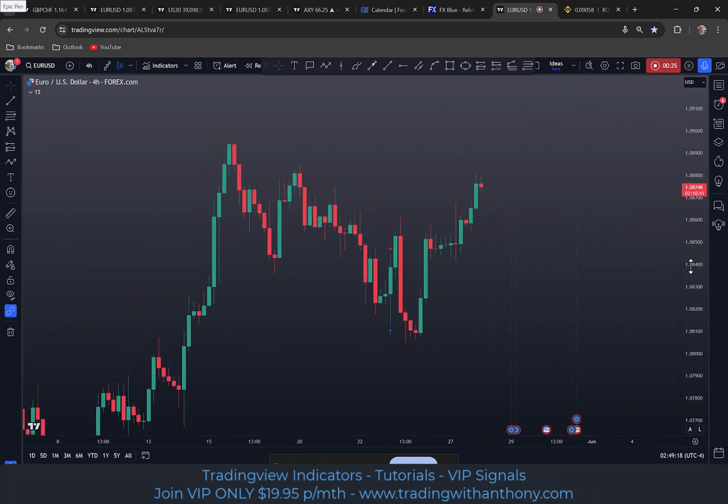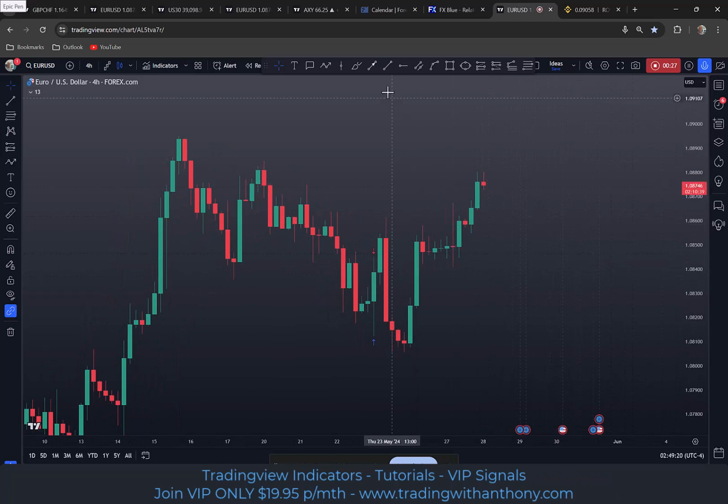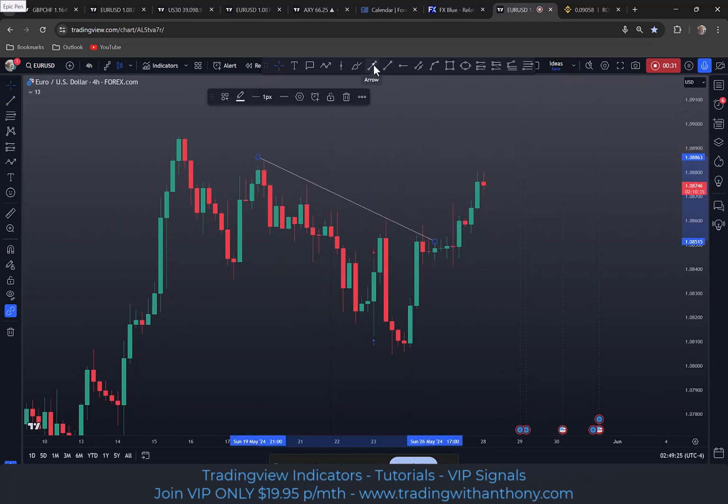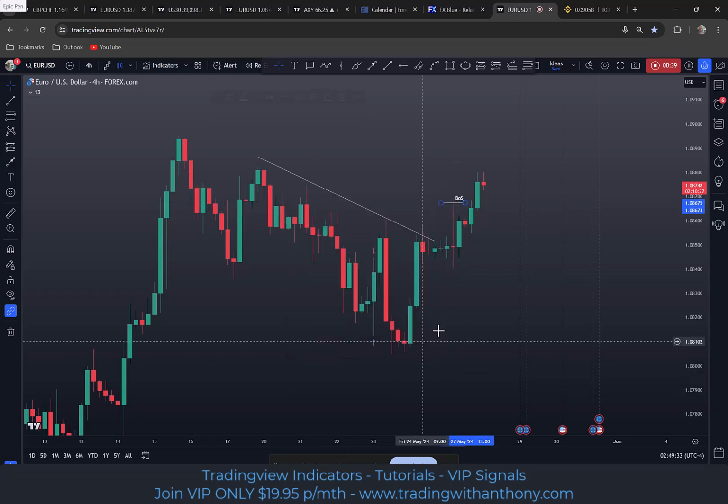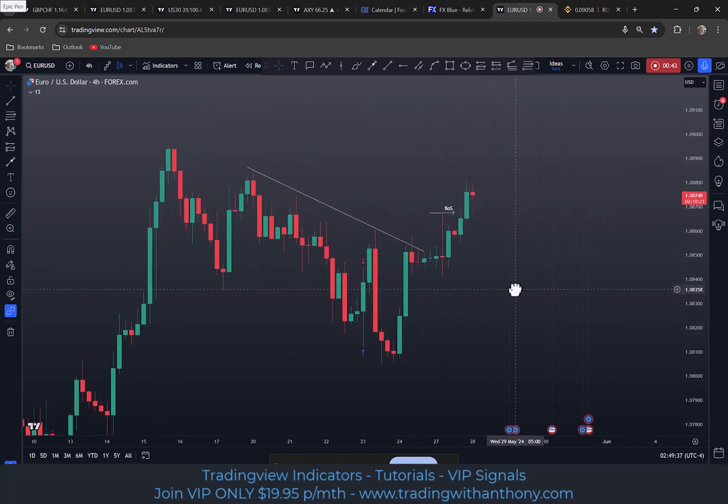Now we have a break of this previous trend. Here we have a shift. Okay, so we can see this high here breaking structure to the upside, higher highs, higher lows, 4-hour time frame trending up now. Okay, so we can see that clearly.